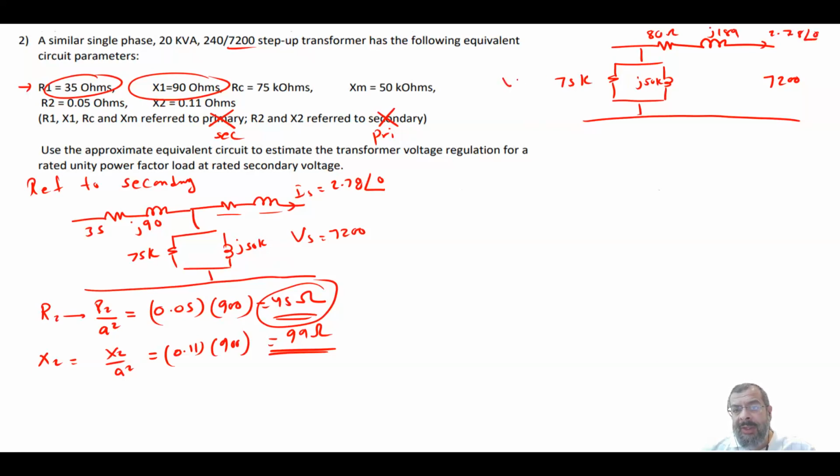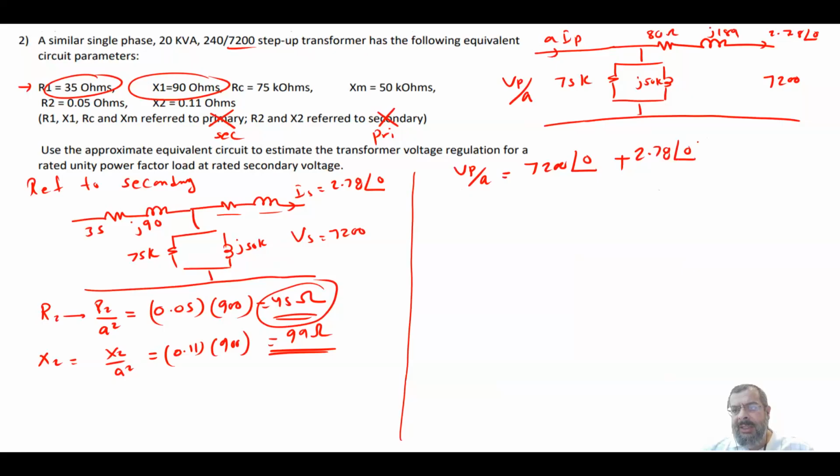Now the voltage here will be V primary over a, and the current here will be a times I primary, because now this is referred to the other side. Okay, very good. So we have everything. VP over a is equal to 7,200 angle of 0 plus 2.78 angle of 0 times (80 plus j189).